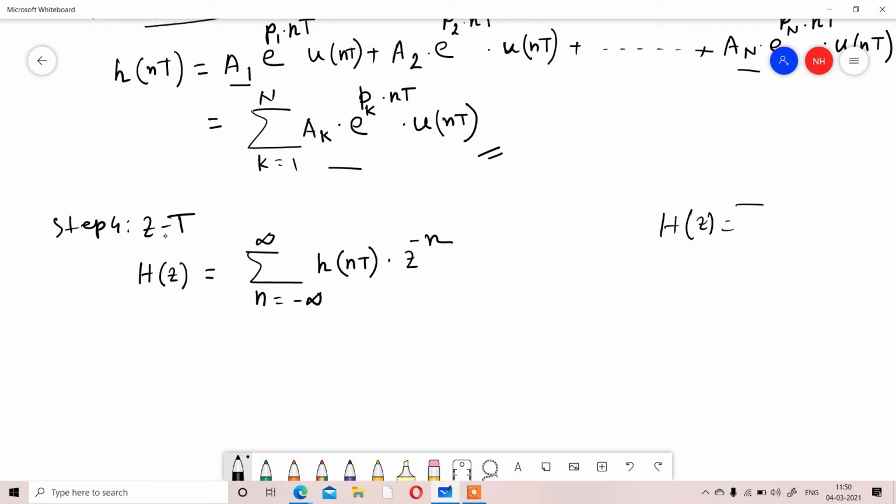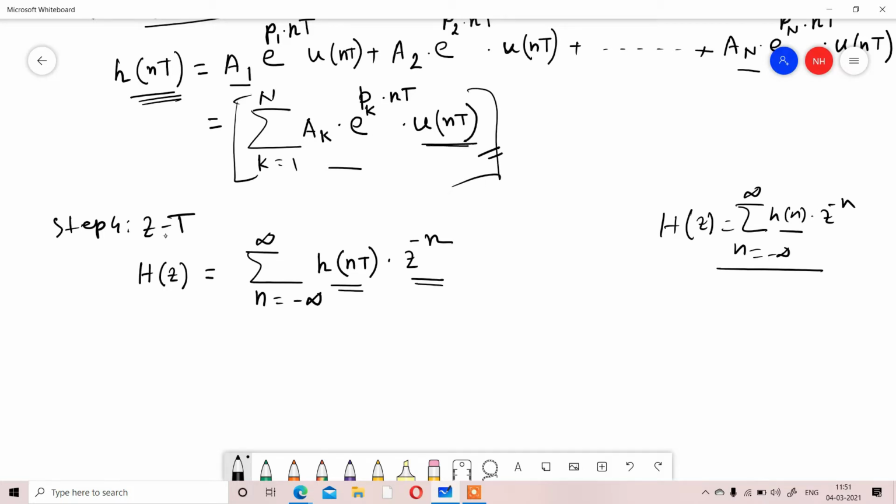That is your formula. So in that formula, h(n) defines this h(nT). So obviously H(z) will be summation of n equal to minus infinity to infinity h(nT) z to the power minus n, where h(nT) is defined by that value.